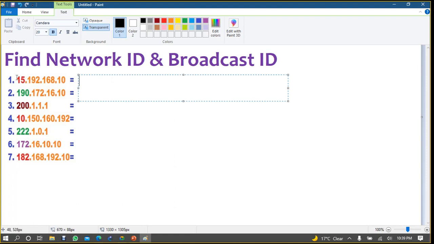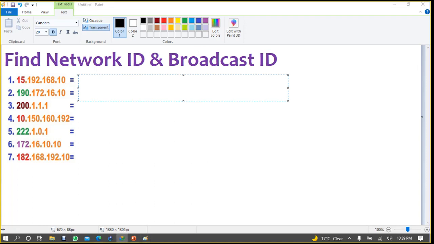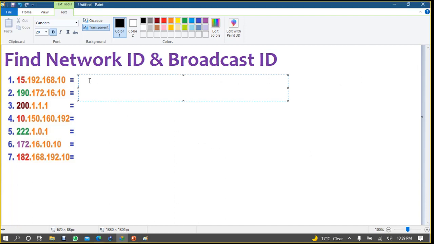This is the IP address and subnet mask. So this is the IP address, right? 15.192.168.10. So I'm asking, if this one is the IP address, what is the network ID?